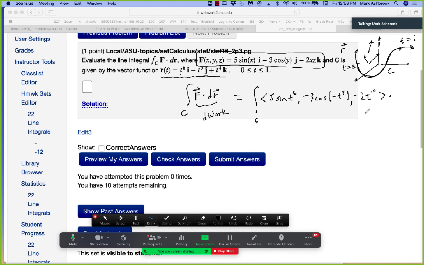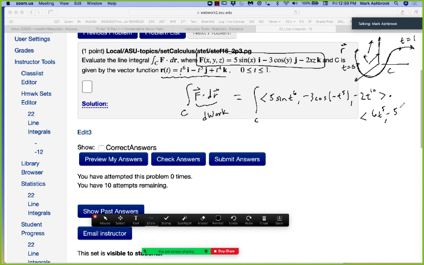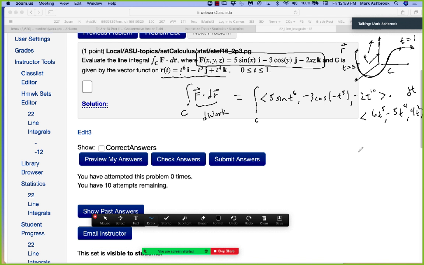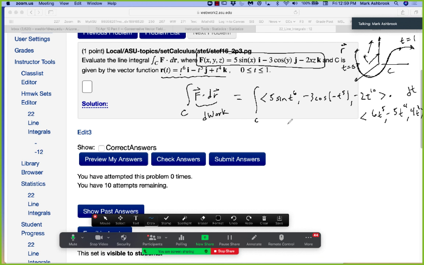So the rate of change will be 6t to the 5th, negative 5t to the 4th, and 4t cubed, dt. Do you follow that so far? Any questions or mistakes? If I ever make a mistake, please speak up right away.